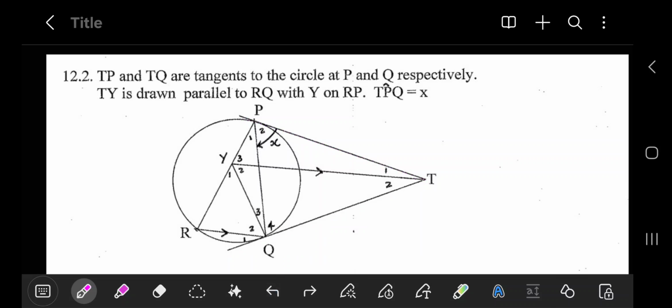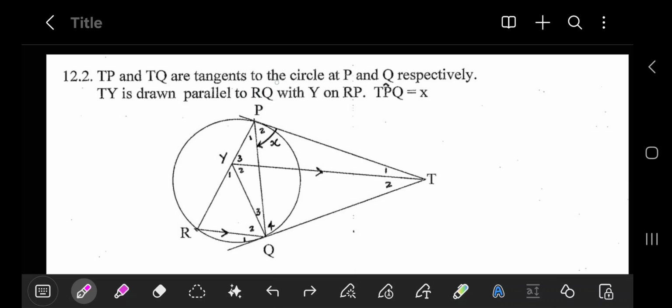Now they mentioned tangents, so we are thinking of tan chord, tan rad, those theorems. It says TY is drawn parallel to RQ. Here's your parallel lines, TY and RQ. The fact that you've got parallel lines, please think of fun X, okay? Corresponding, co-interior, alternate, think of all of that.